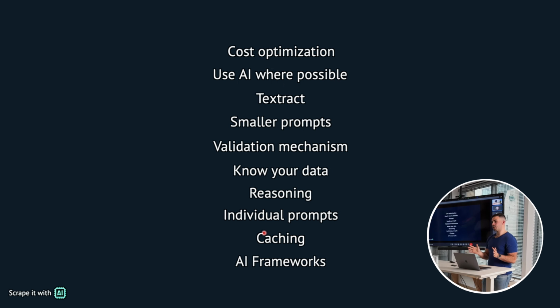Caching, any kind of improvements when it comes to optimizing runtime is great, and leverage usage of AI frameworks. Now I could end this because up to this point, everything that is stated here, except the last one, we used in our project.